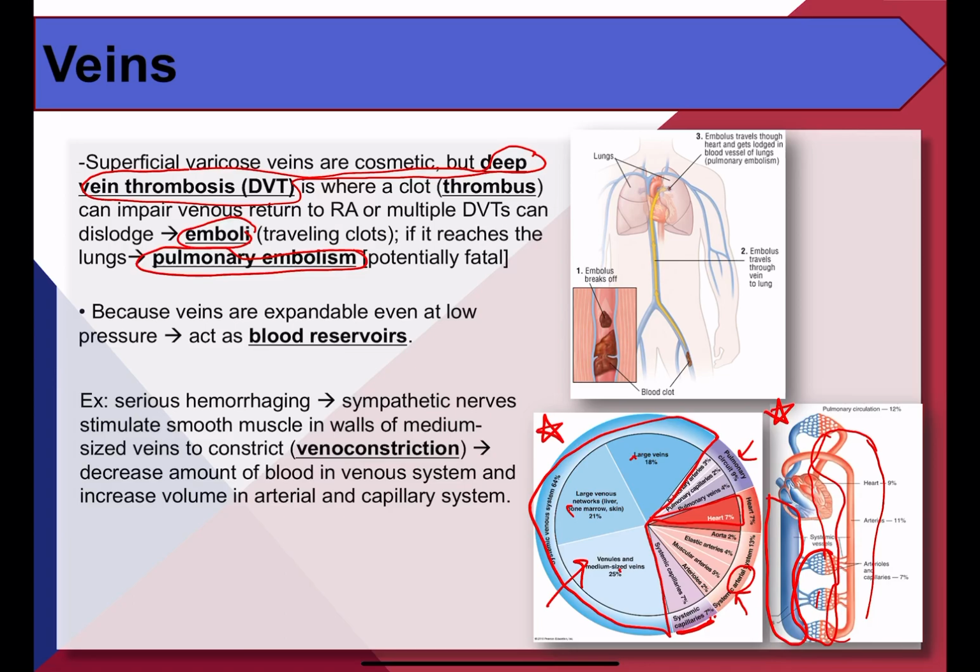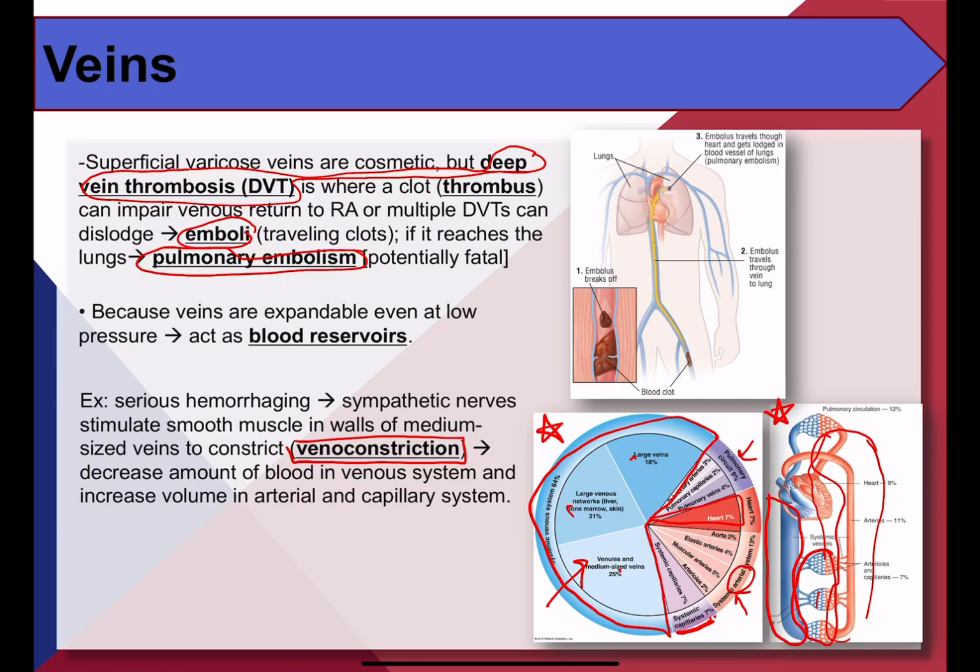And hence, if an individual was to experience serious hemorrhaging, for example, sympathetic nerves would be activated to stimulate specifically venoconstriction. We talked about vasoconstriction and vasodilation, but in cases like these, we may want to do specifically venoconstriction, which will cause the smooth muscles of the medium-sized veins to contract, which means that luminal diameter is going to decrease.